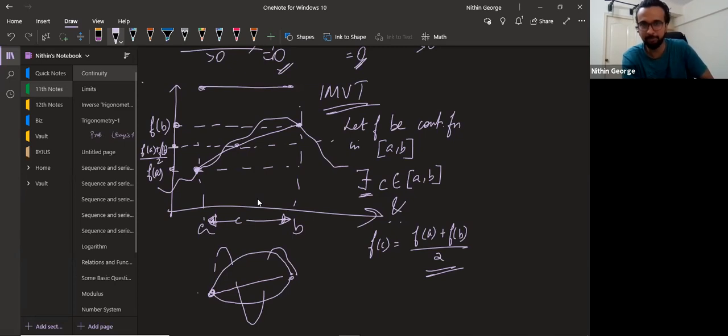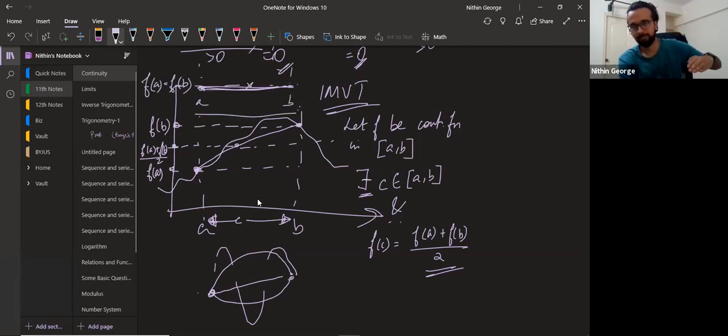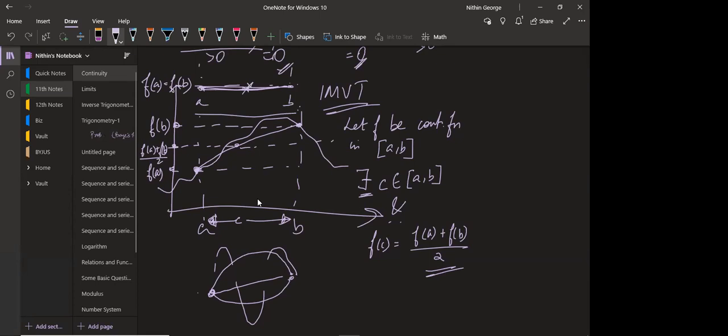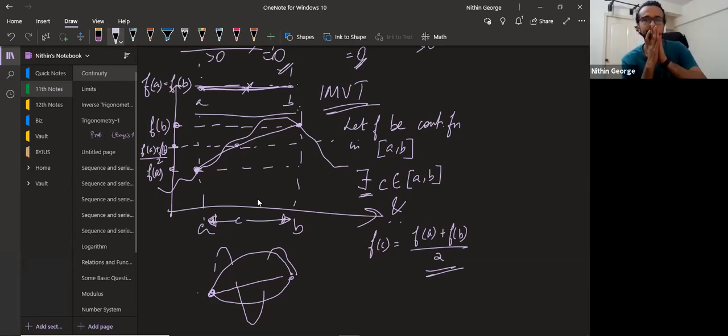If f of A is equal to f of B, you'll get a line parallel to the x-axis. Okay, constant line there. So that one's midpoint is on that line itself. Okay, are you following, guys? Got it, sir. Right, so the intermediate value will always be crossed. That's the idea of this.